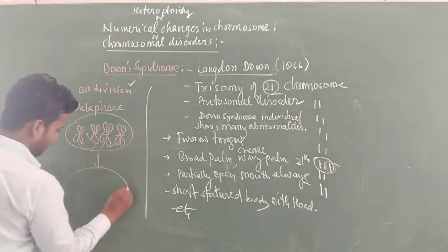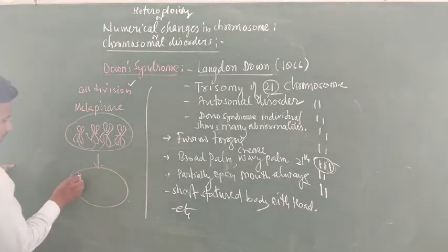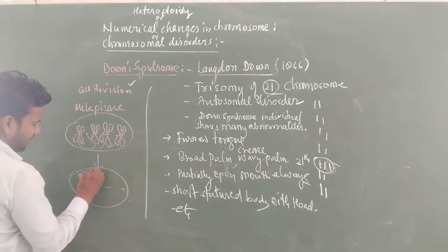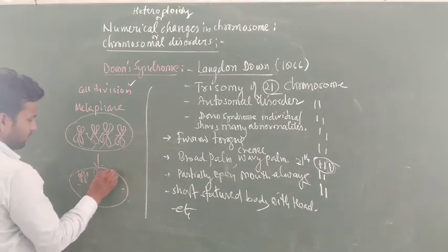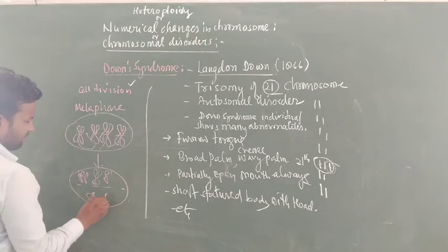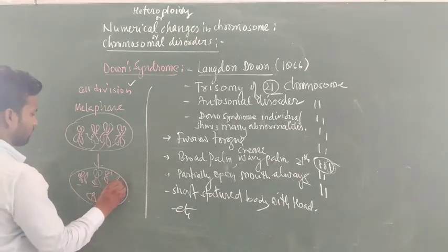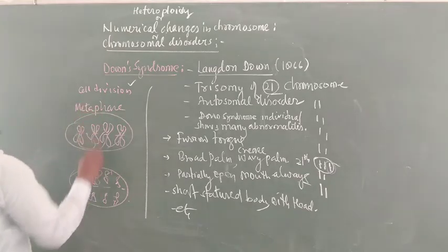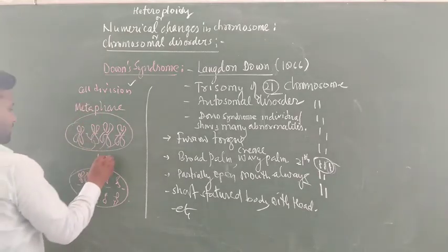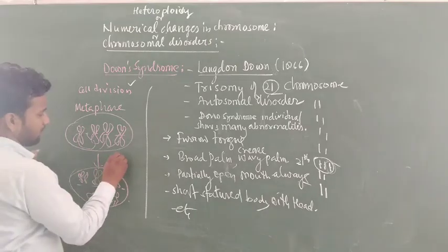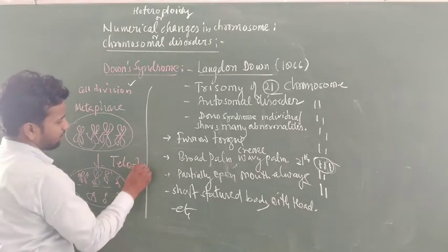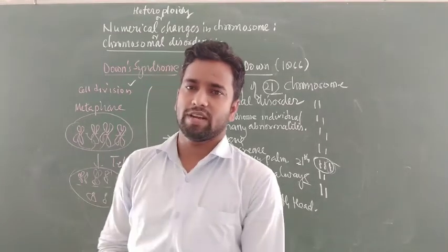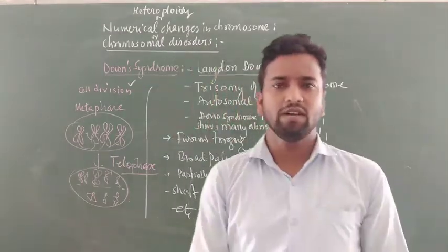When they double, some chromosomes move to one side and the other side remains vacant. This is observed during metaphase, anaphase and telophase. During telophase, at the time of separation, the chromosomes are not separated properly.